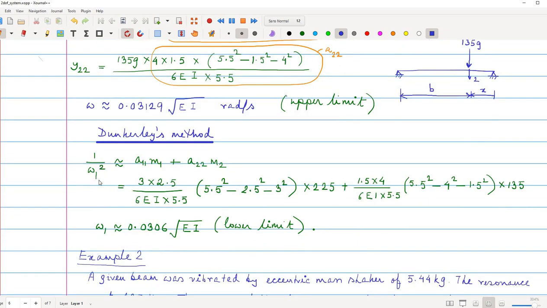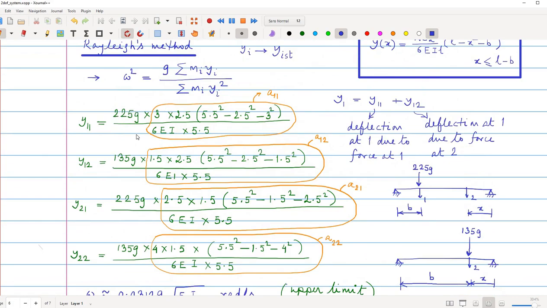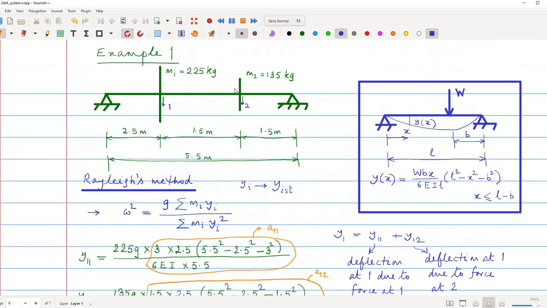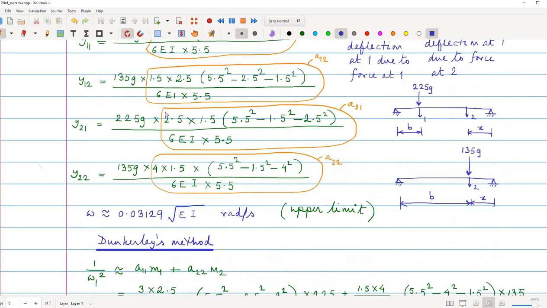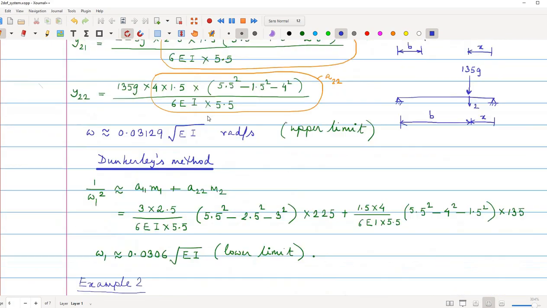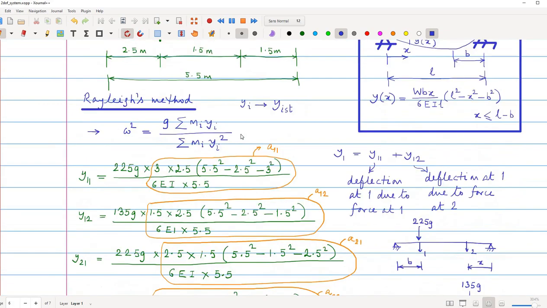So 1 by omega 1 square, that is the first natural frequency square, is approximately equal to A11 M1 plus A22 M2. A11 means due to unit load, that means here you put 1 actually. So if W1 is 1, then what is the deflection, that is A11, and A22 is, if W2 is 1, then what is the deflection at this point.